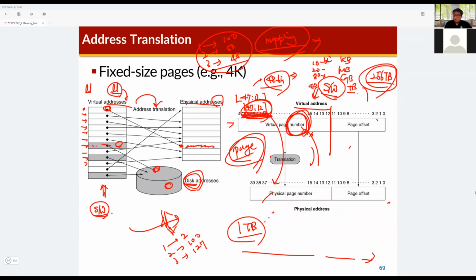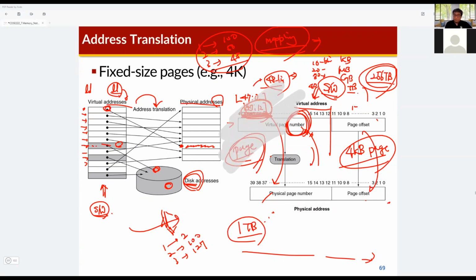So this is the example of a 4 kilobyte page. If we use this page concept, the lower 12 bits are not translated. They're just copied to the physical address. We just translate the upper part of the virtual address.